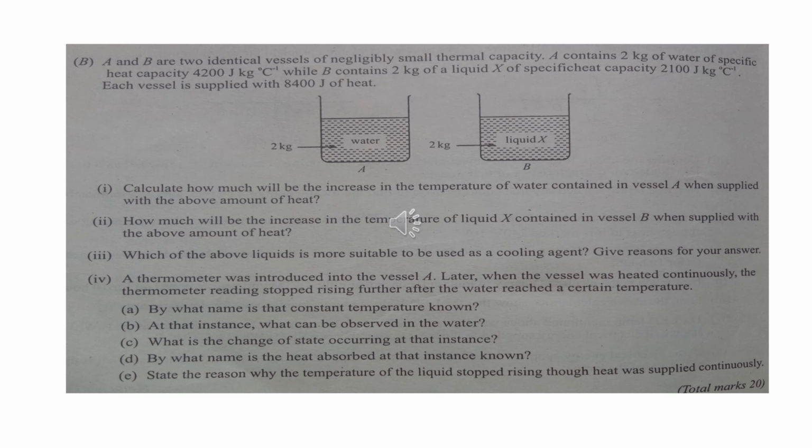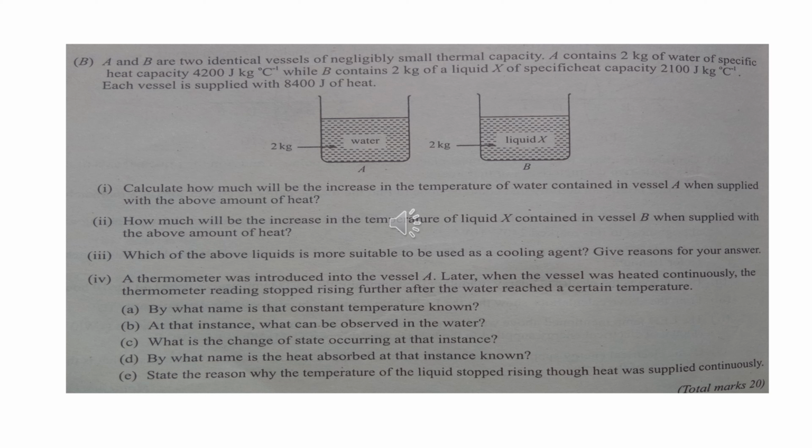The third part asks about the comparison. It asks which of the above liquids is more suitable to be used as a cooling agent. Give reasons for your answer. The answer is water. The reason is that the rise in temperature is smaller in water when the same amount of heat is supplied.